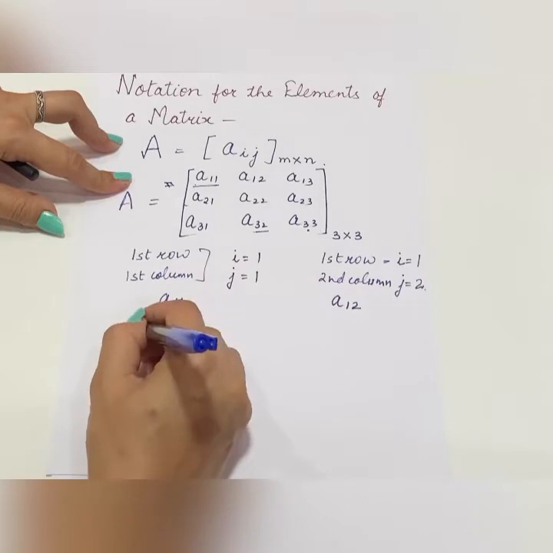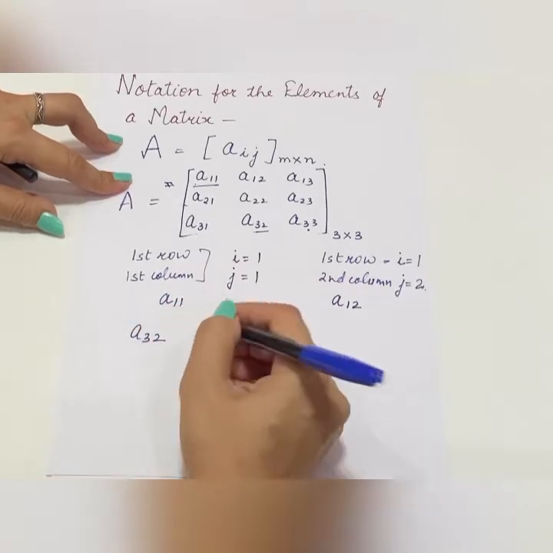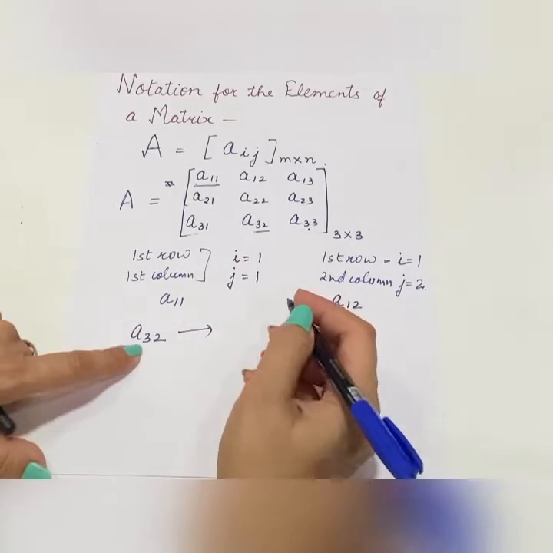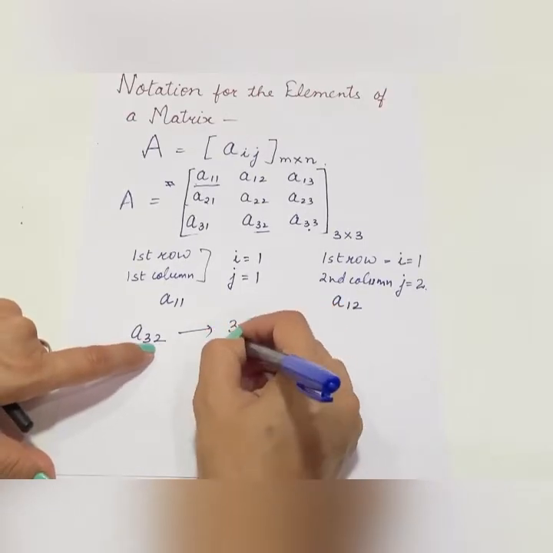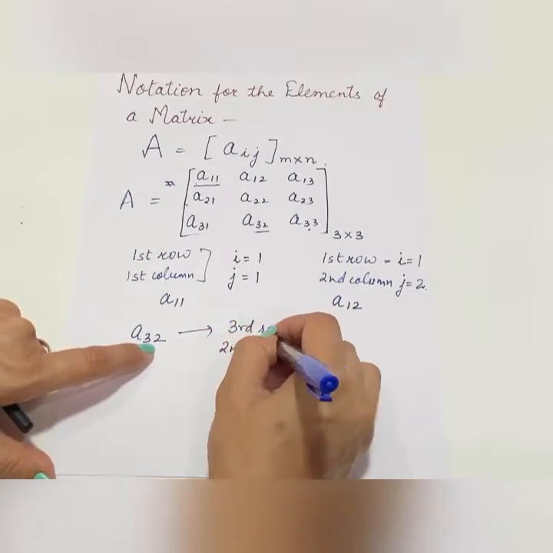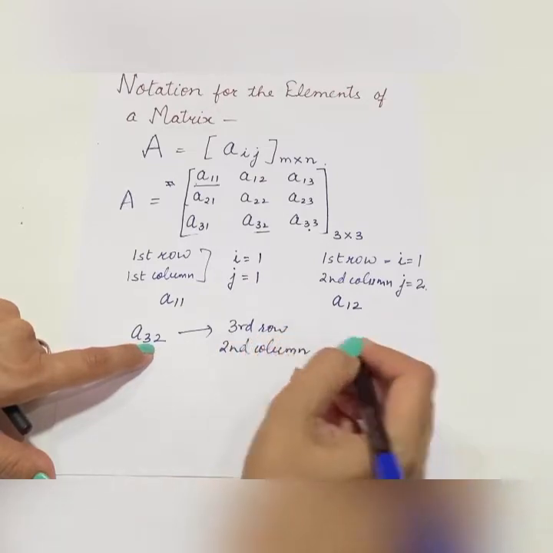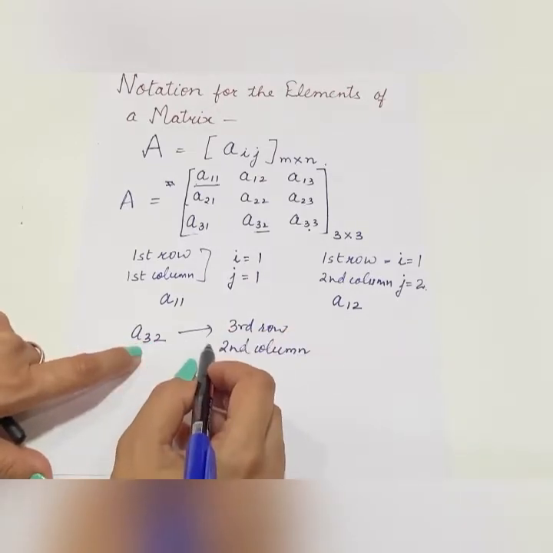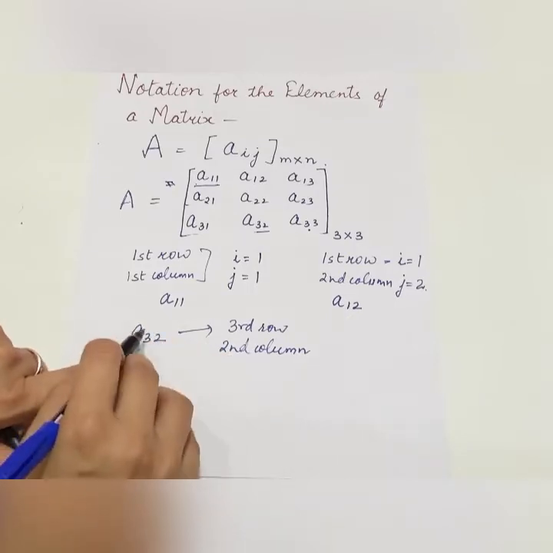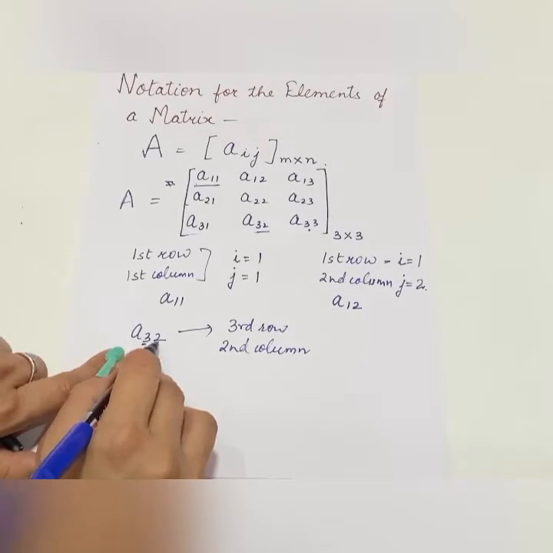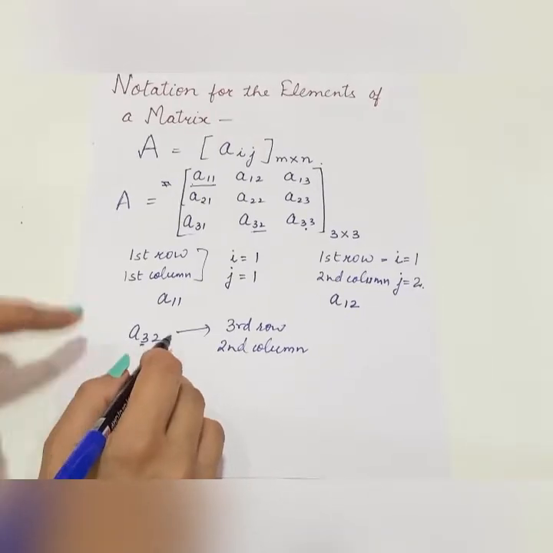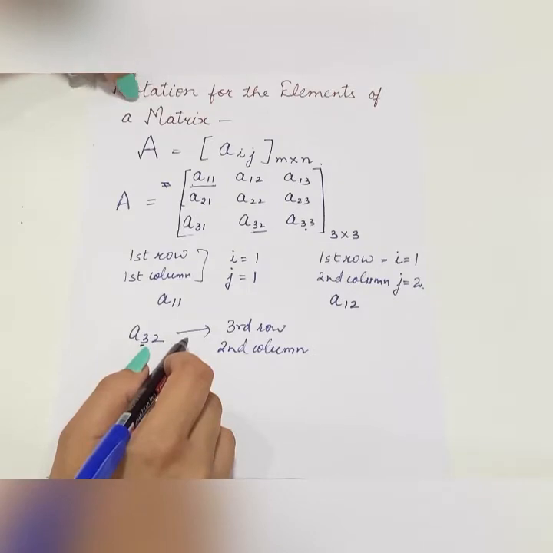Like if I take A32, what is the position? The element is in the third row and 2 is representing the second column. The position of the element is third row second column. Remember one thing, the first subscript is always the row number, and the second gives you the column of the element. So this is the notation for the elements of a matrix.